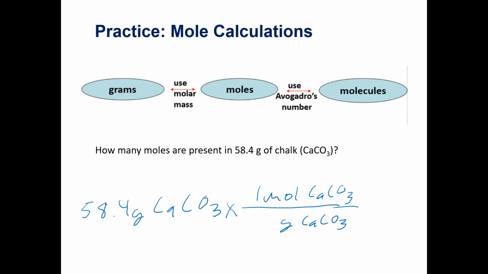So you should come up with 100.09 grams of calcium carbonate per mole. So then we're going to take 58.4 divided by 100.09, and you should get 0.583 moles of calcium carbonate.